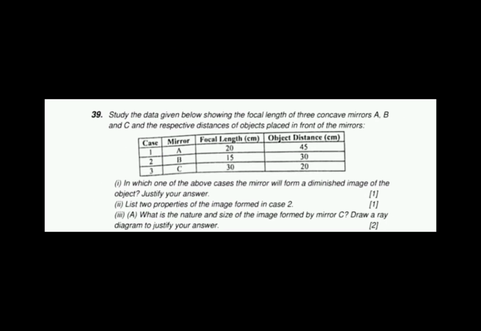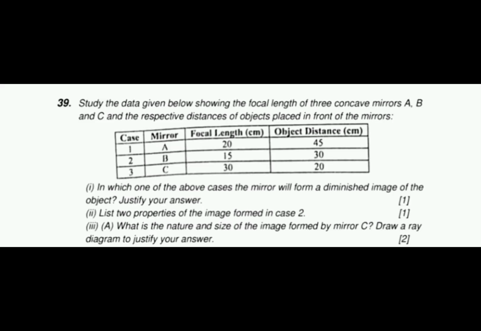Okay, let us move on to the next question. What is the nature and size of the image formed by mirror C? Draw a ray diagram to justify your answer. So, mirror C. In the third case, they have given focal length 30 centimeter, object distance is 20 centimeter. That means from pole to focus is 30 centimeter, and from pole to object is 20 centimeter.